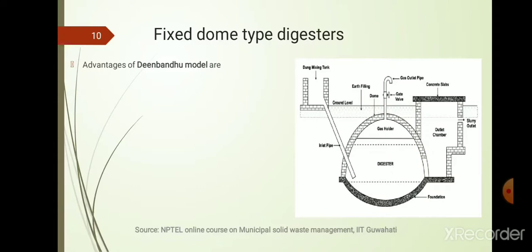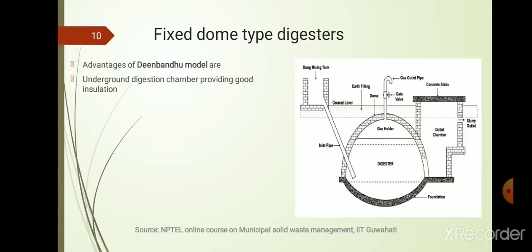And we have several advantages of this model. Mainly the entire digester is underground, so it provides good insulation. So sealing problems, gas leakage problems, etc. are very few, because the entire digester is below the ground. Only the mixing tank and the top of the outlet chamber are above the ground.